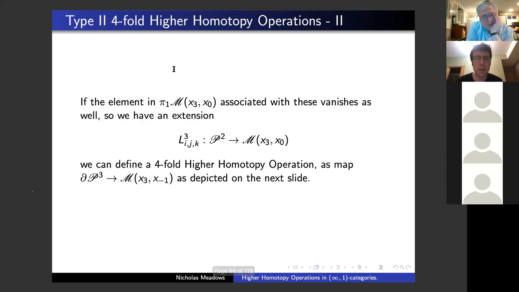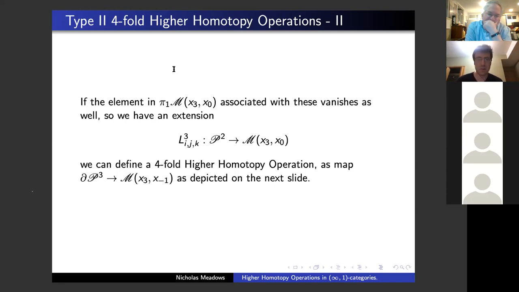And if the element in pi_1 of the space of maps associated with these vanishes as well, then we have an extension to the 2-permutahedron. And we can define a fourfold higher homotopy operation as a map from the boundary of a 3-permutahedron to the space of maps from X3 to X-1, as depicted on these slides. And you should think of the existence of these L_{ijk} as a higher coherence condition.